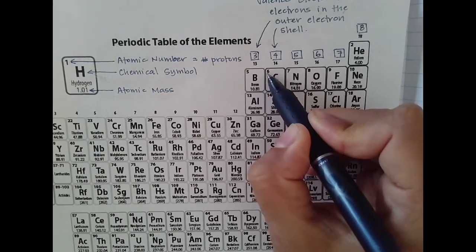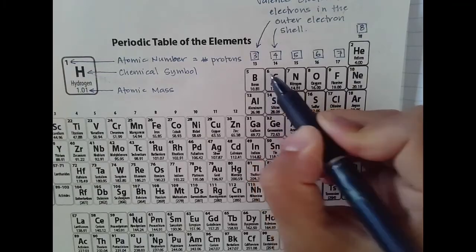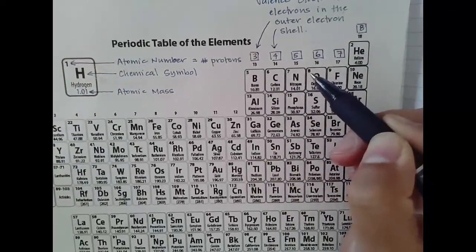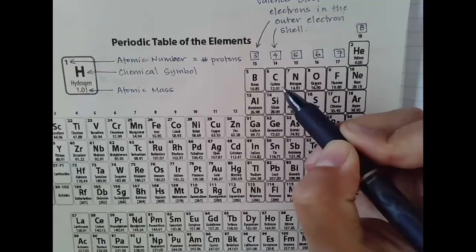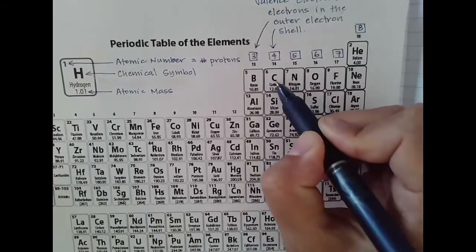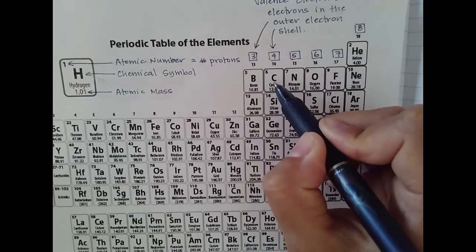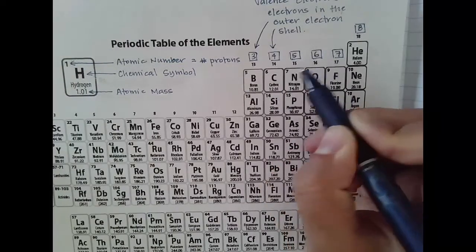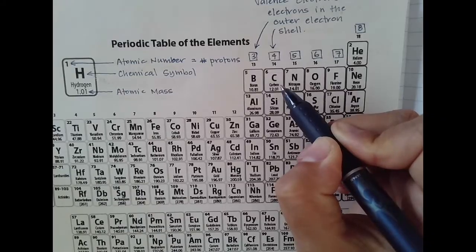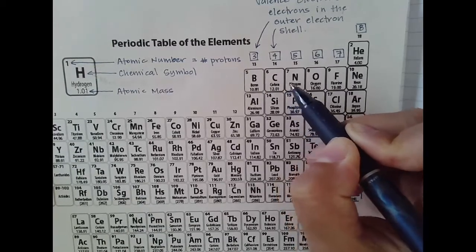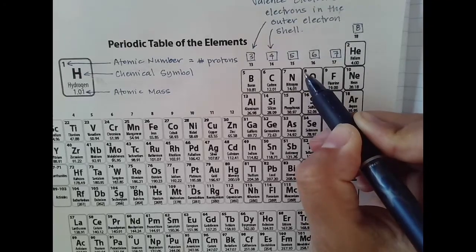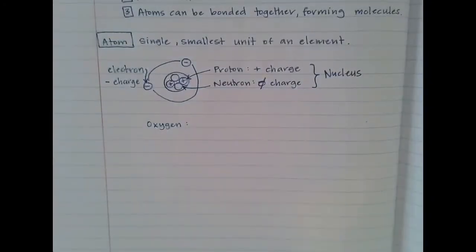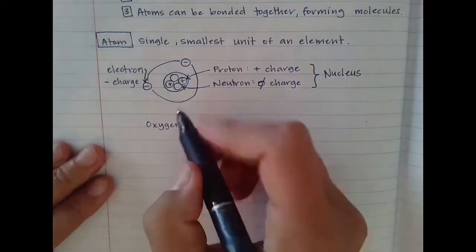It has 6 protons, so it will have 6 electrons. It could have 7 electrons if it steals one, or if it loses one, it could have 5 electrons. Those are called ions, when you have something that doesn't have an equal number of protons and electrons. We will talk about that, but for right now, let's just assume that we are not talking about ions. So we're talking about equal numbers of protons and electrons. Oxygen has an atomic number of 8. There are 8 protons, which means there are going to be 8 electrons.